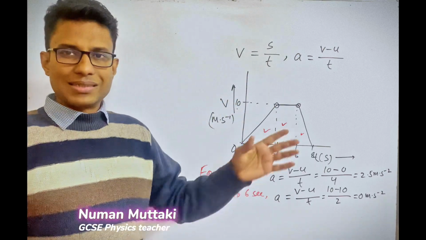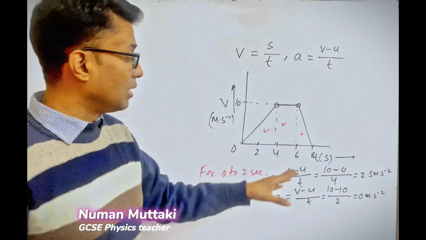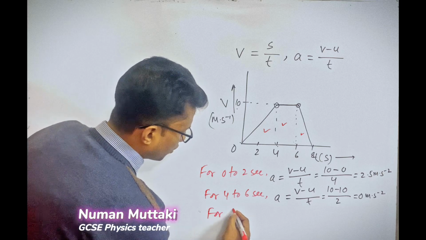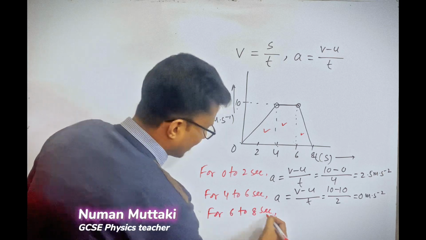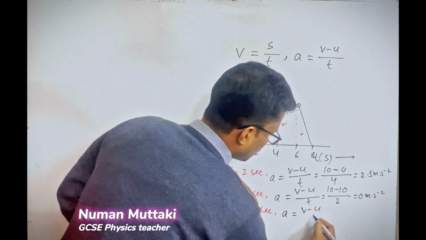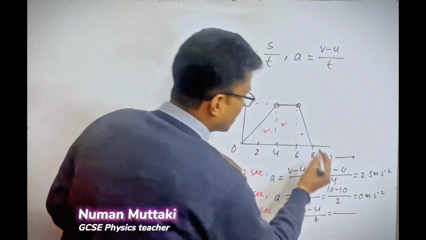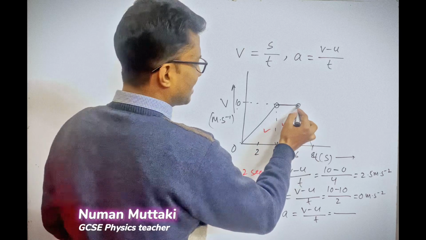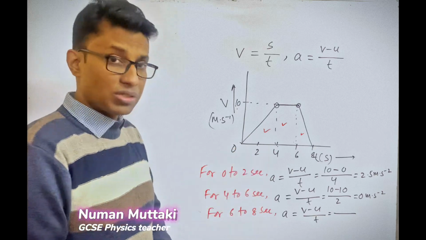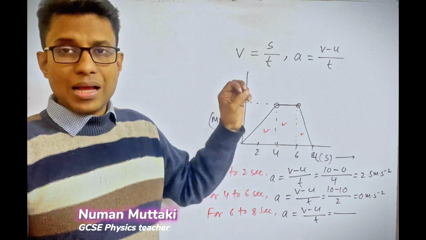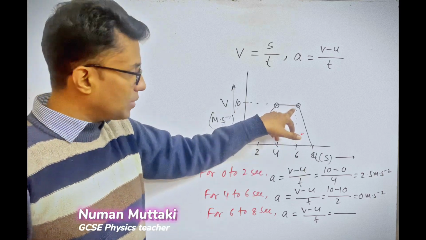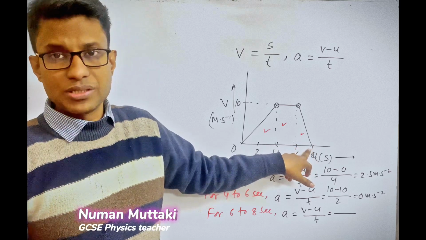So this is all about the second part, and now we go with the last one, for 6 to 8 seconds. Again we write the equation a equals v minus u over t. For this one the initial velocity is 10 meters per second, and the final velocity is 0 meters per second.